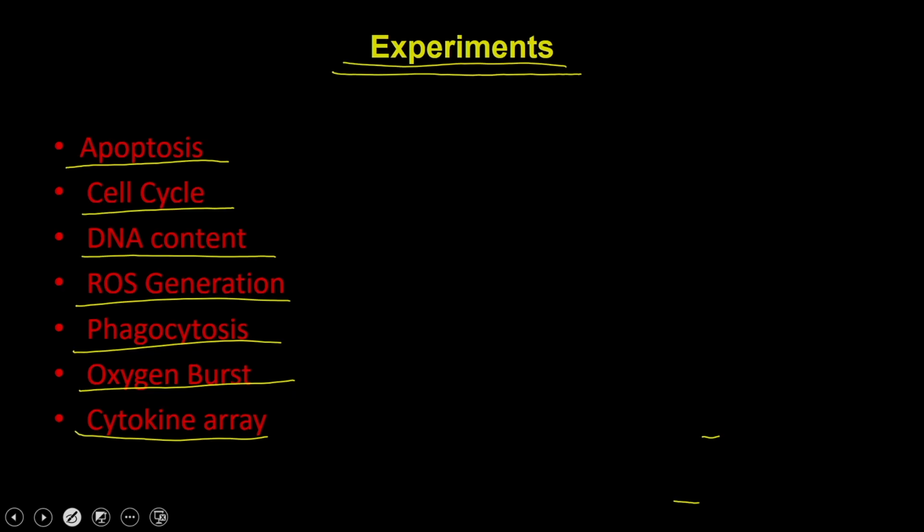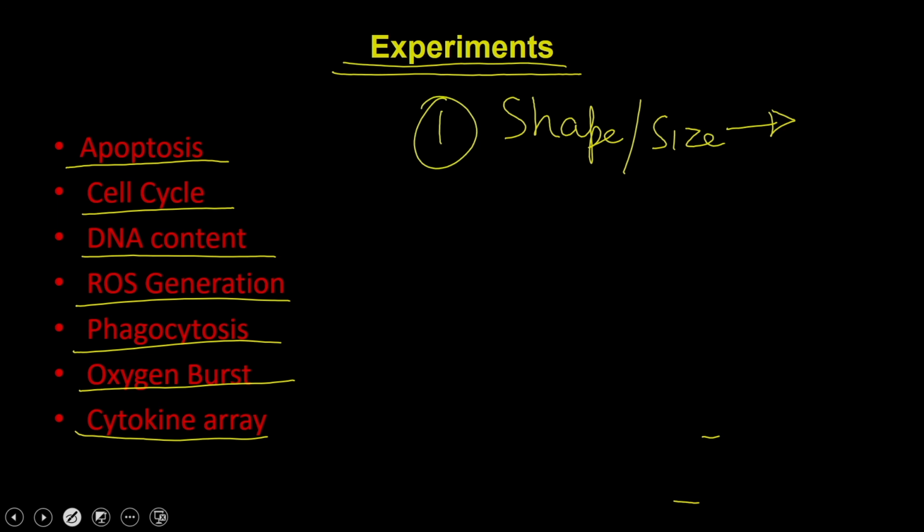What kind of experiment can you do? You can do an experiment where there will be a change in shape or size. If there is any change in shape or size, you can use the flow cytometer, because it has an FSC versus SSC module, which can be used to detect whether there is a change in shape and size.